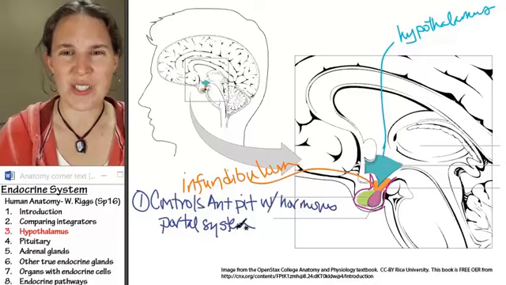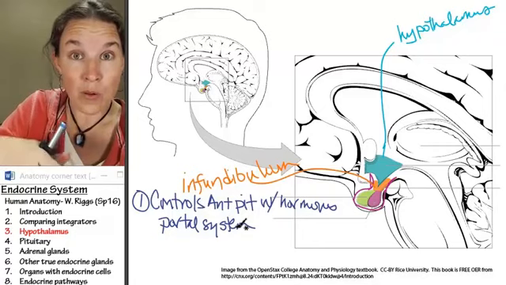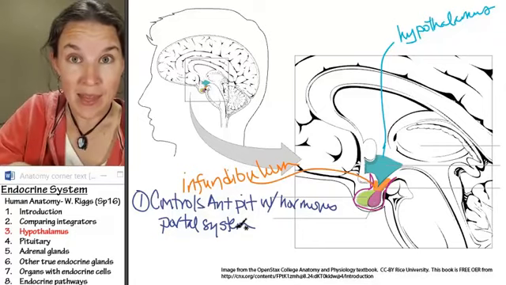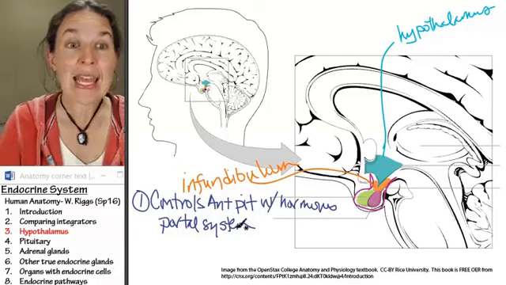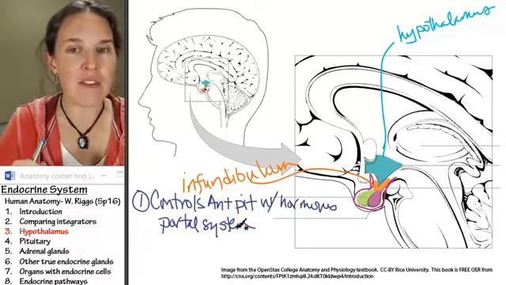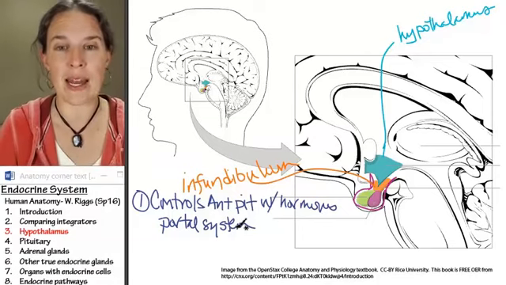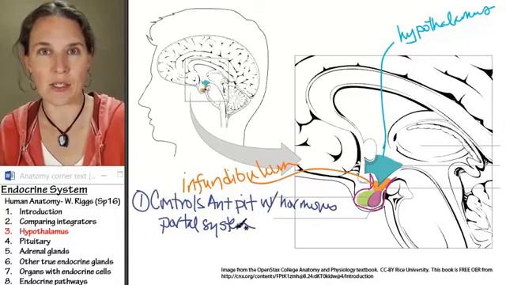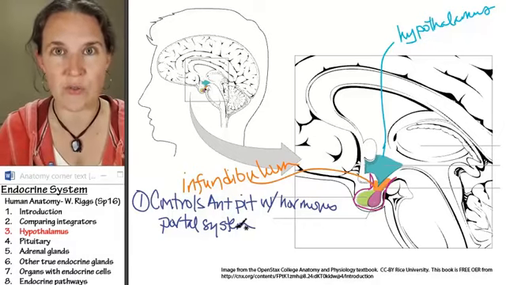You have other goals. The hypothalamus dumps hormone into one capillary bed, and that hormone goes to the anterior pituitary into another capillary bed and affects the anterior pituitary and says, hey, we need some more hormones. The anterior pituitary dumps hormones into the capillary bed, which then heads out to the cells to affect the cells.